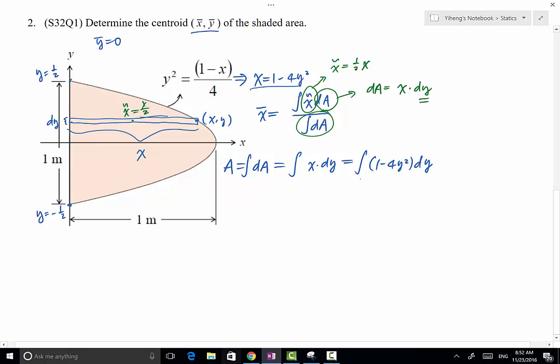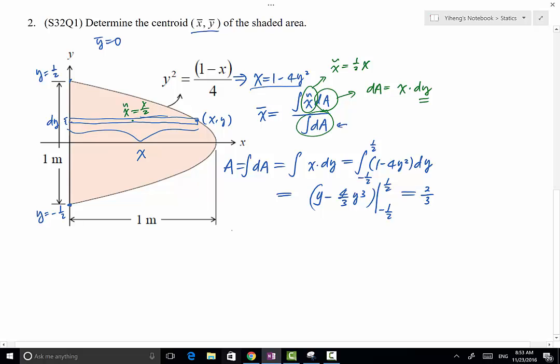This is a polynomial. It's not that difficult to integrate. So this equals y minus 4 over 3 y to the third power, evaluated from negative 1/2 to positive 1/2. After the evaluation, this equals 1/3 minus negative 1/3, so 2/3. That's the total area, and that is the denominator here.